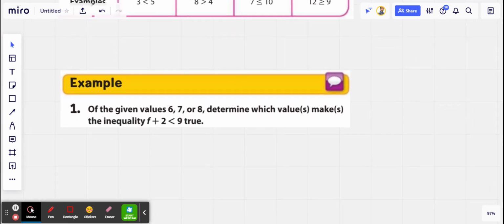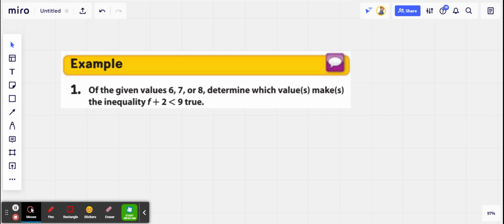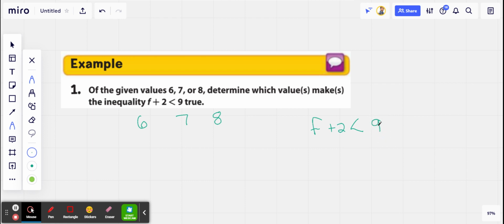For this example, it says, on the given values 6, 7, or 8, determine which value makes the inequality f plus 2 less than 9 true. So f is our variable, and that's what we're going to plug in.